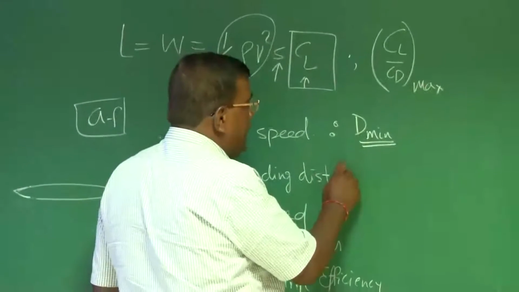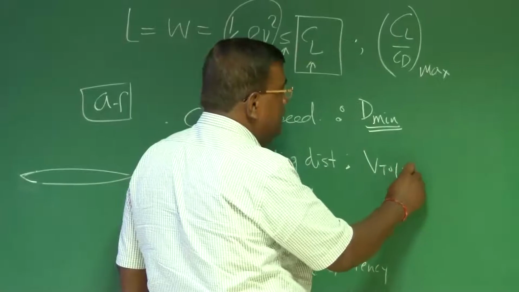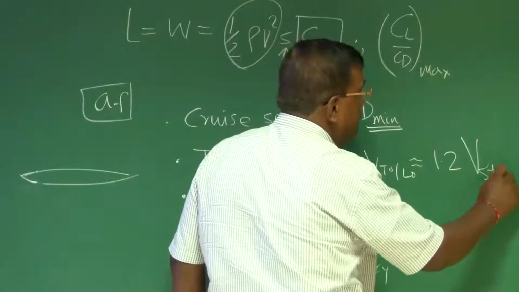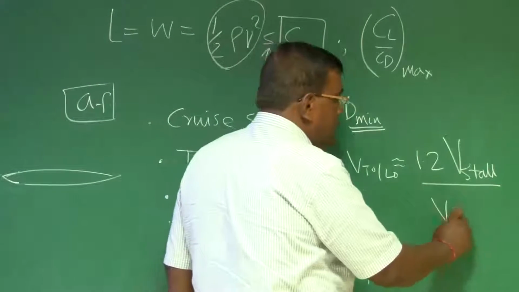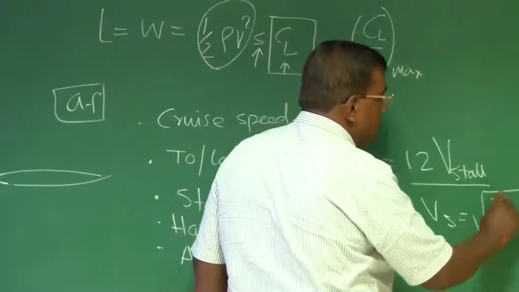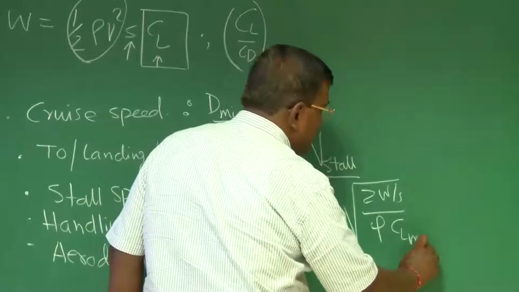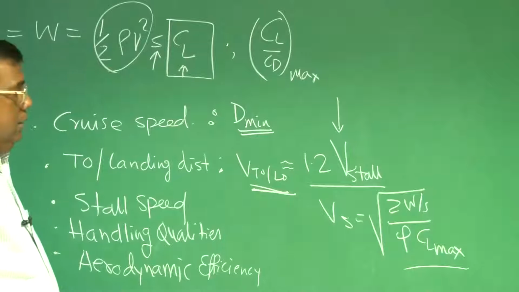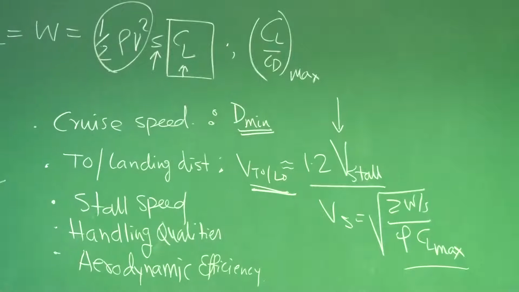Takeoff and landing, why is this important? Because, you know, the takeoff or landing speed is roughly 1.2 times V stall, and V stall is the square root of 2 W by S by rho CL max. If I want V takeoff or V landing to be lower, then I should ensure the V stall is lower during takeoff and landing.